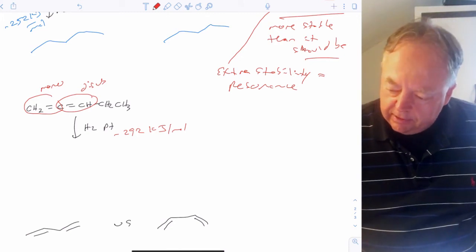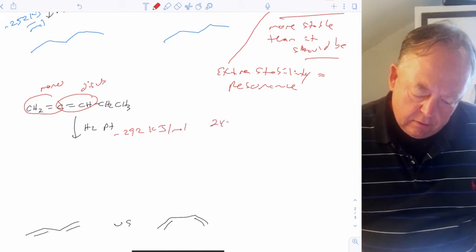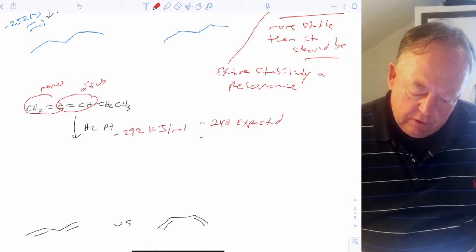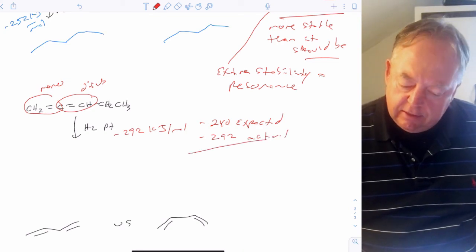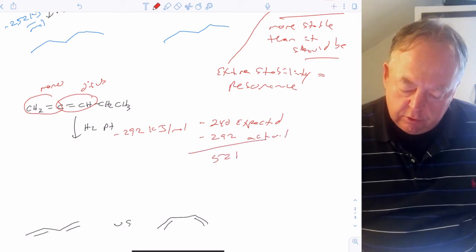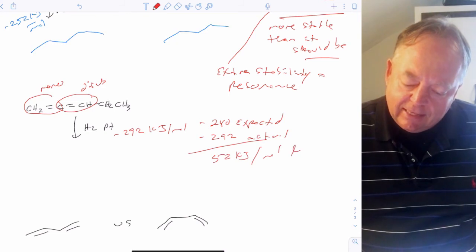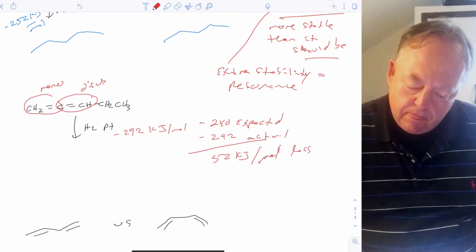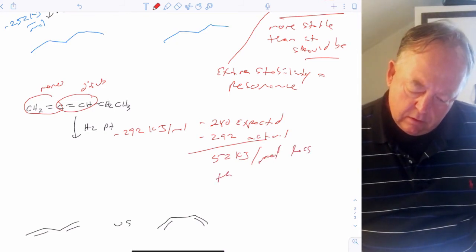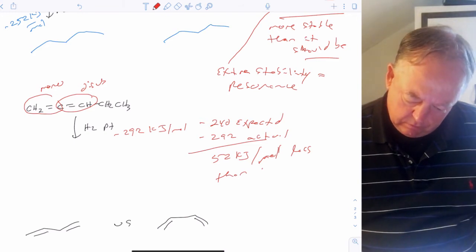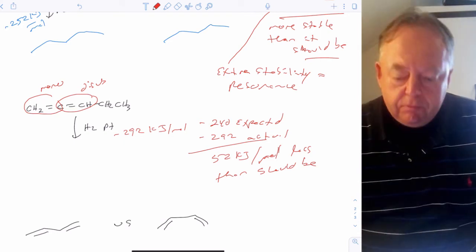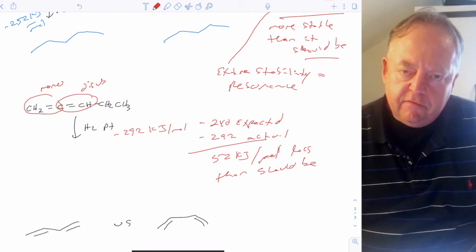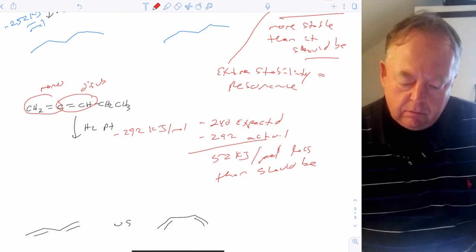So you might expect to get the 240, but the actual is negative 292, and so in this case it's 52 kilojoules per mole less stable than it should be, just from the fact that you have a mono and a disubstituted double bond.